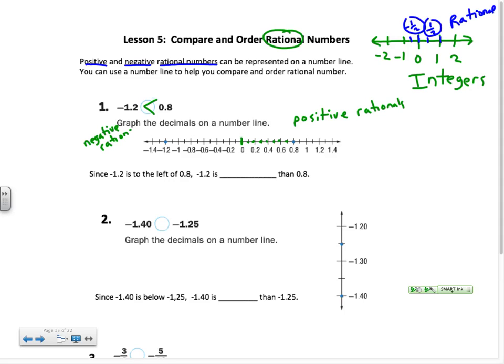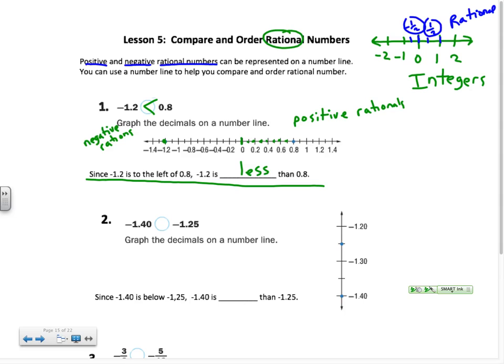And I'm going to go ahead and just point out where our negative 1.2 is right here. And you can see whichever one is farthest to the right is the greater number. So 8/10 is to the right, and it's greater than negative 1 and 2/10. All right, and then to finish this off, since negative 1.2 is to the left of 0.8, negative 1.2 is less than 0 and 8/10.